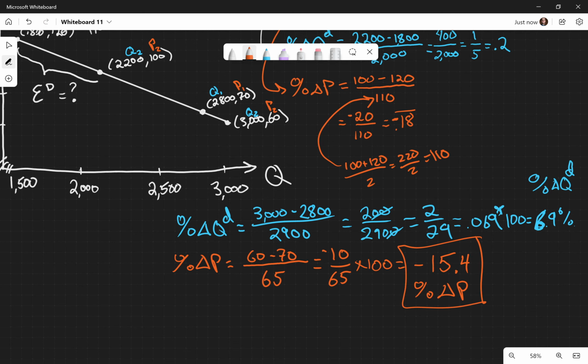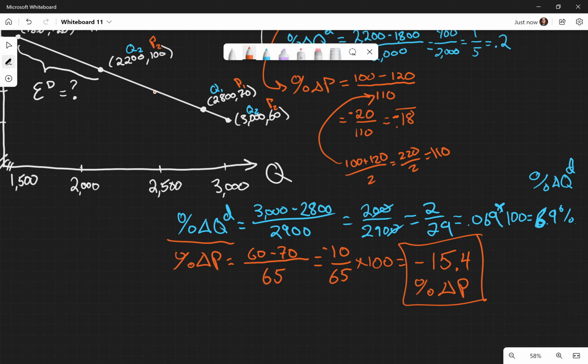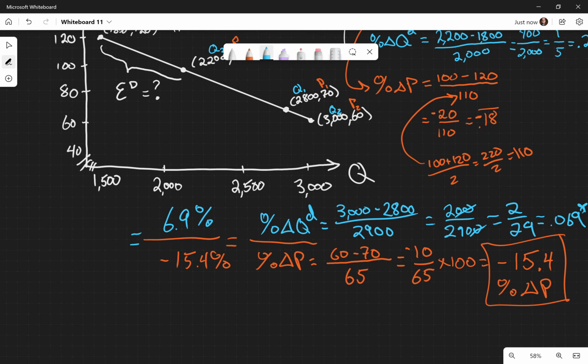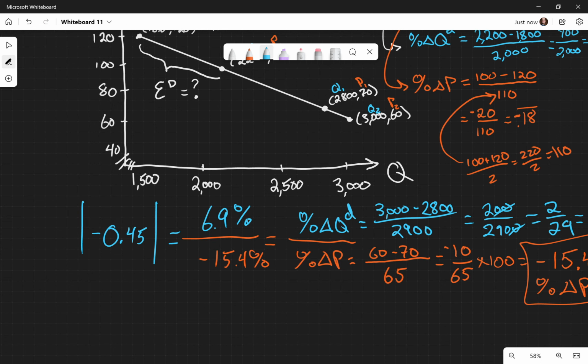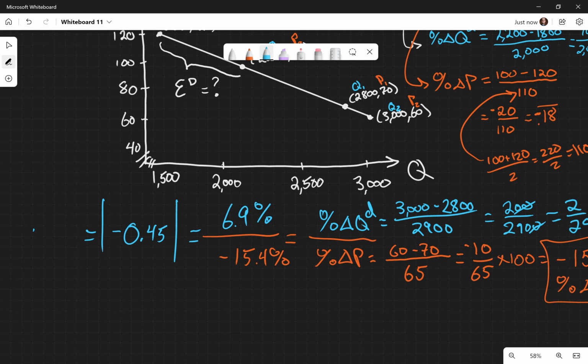So then when I put them all together, what do I end up with? I end up with a negative 0.45. I take the absolute value of that, and I get just 0.45.